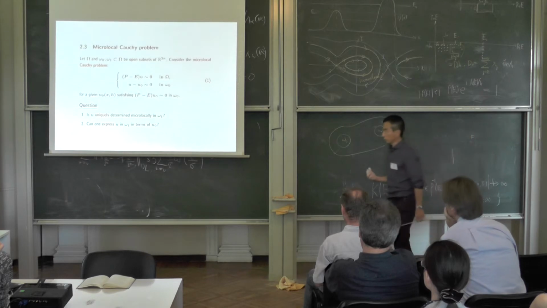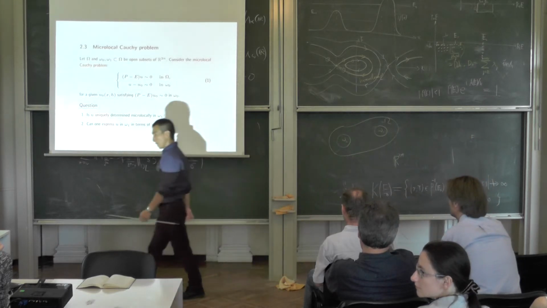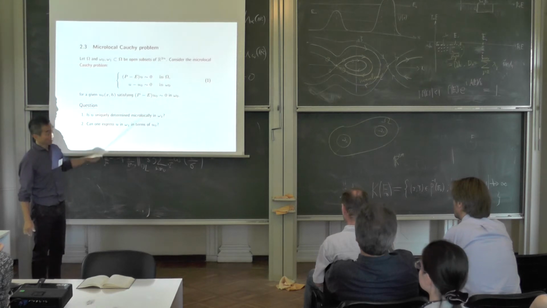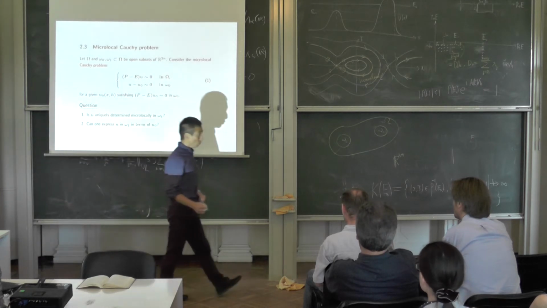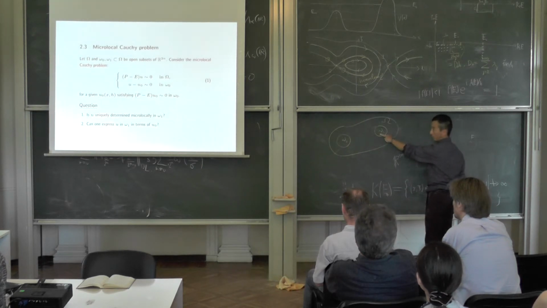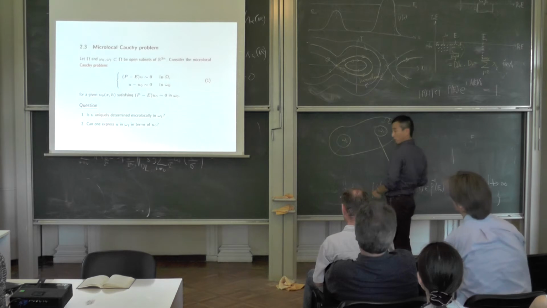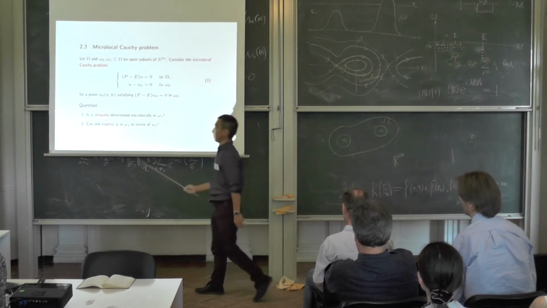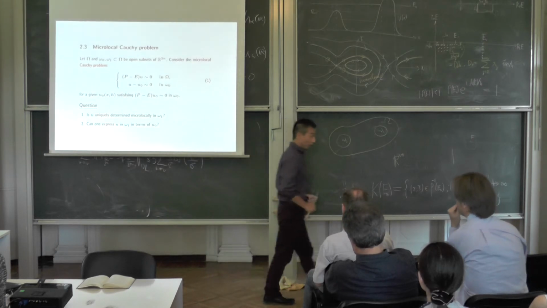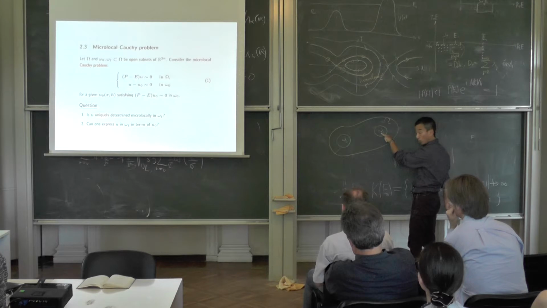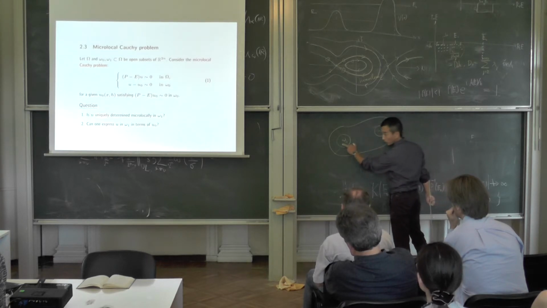And the question is, then, does this data determine U in the microlocal sense at another domain omega 1? Is it unique? And the second question is, if it is unique, is it possible to express U microlocally in omega 1 using the Cauchy data U0?